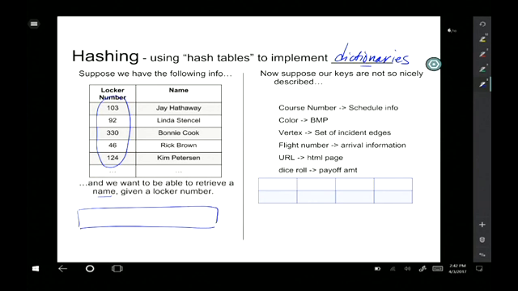So given that we happen to have this data as it is, take it naively, how would you implement a dictionary on this stuff? So that when I give you a locker number, you could give me back my friend's name. Yeah? What? You could? You could. That would be way more complex. You're right. But you're going to spend 4 hours debugging yours. I'm going to spend an hour debugging mine. Okay? Because templates and compilation, blah. So you could do that. Absolutely, you could. It's probably the right thing to do.